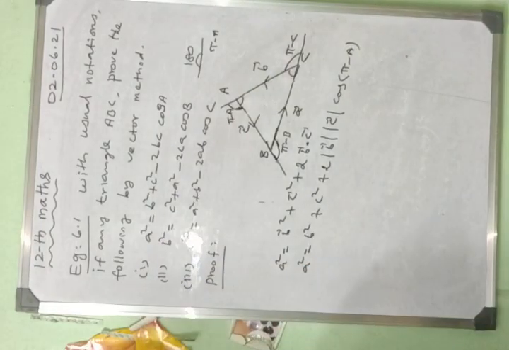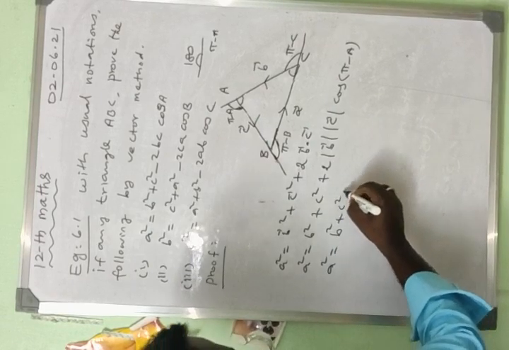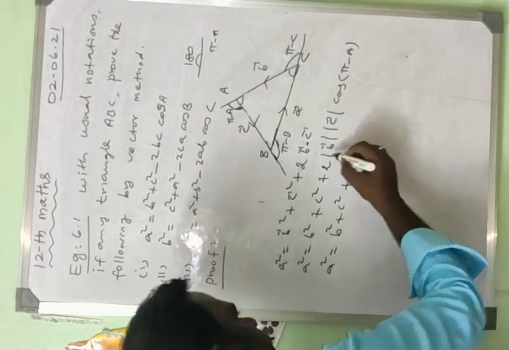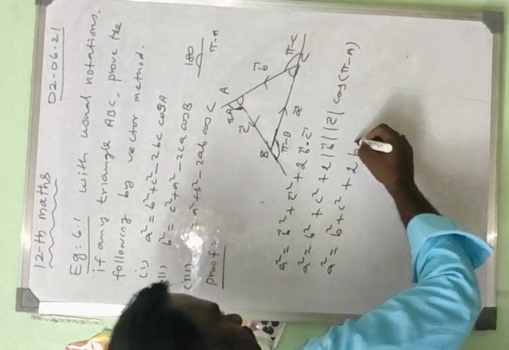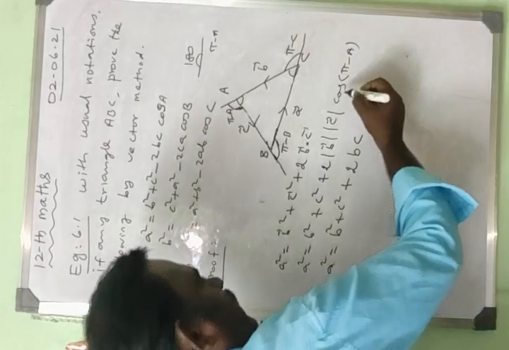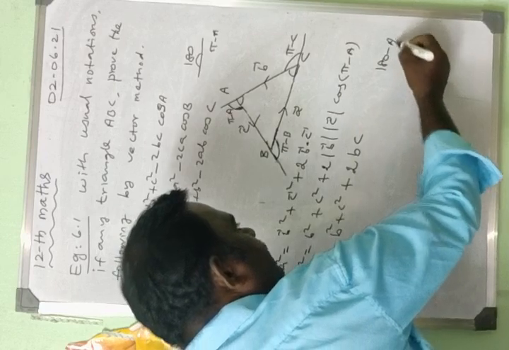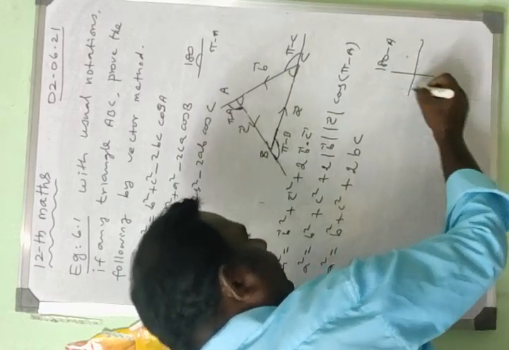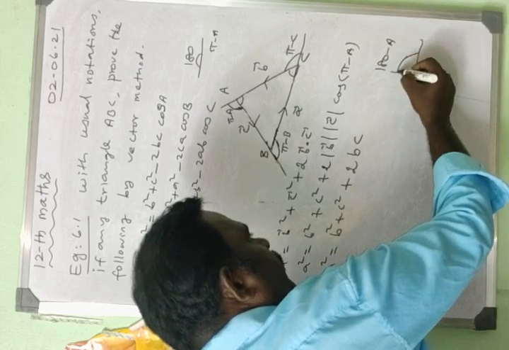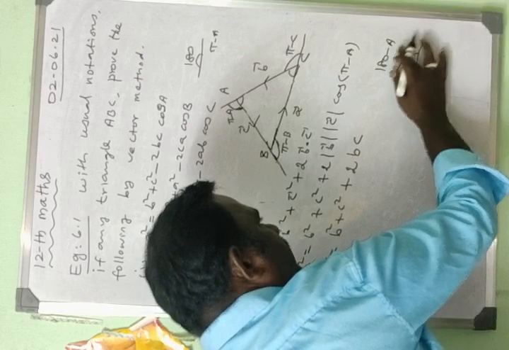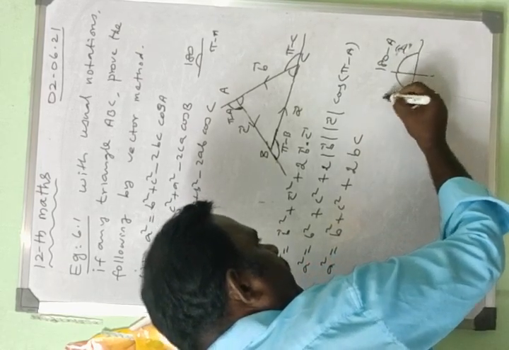Okay, understood. So A square is equal to B square plus C square plus 2 into mod vector B, we put B only, mod vector C, the length of vector C, we put C. Next cos of (pi minus A). Pi means 180. 180 minus A means which quadrant? First, second, third, fourth quadrant. From 0 to 90 is the first quadrant. From 90 to 180 is the second quadrant.